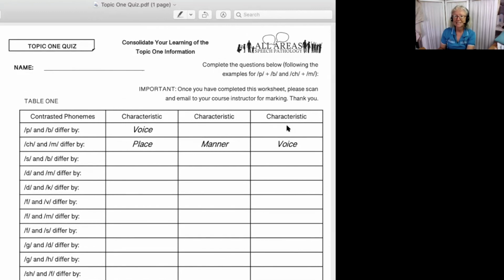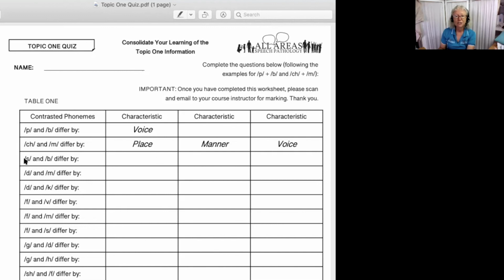The place is the same, so we won't write place. Ch and m, what do they differ by? Place. Well, ch is in the middle of the mouth and m is in the front, so they differ by place. Ch is an affricate and m is a nasal, so they differ by manner. Ch is voiceless and m is voiced, so they differ by voice.